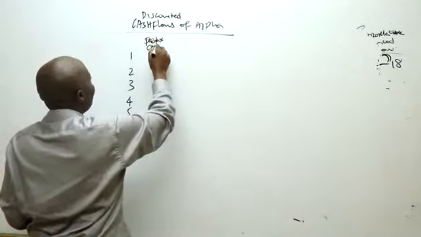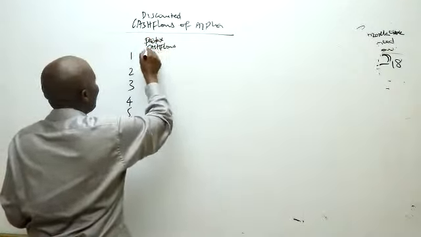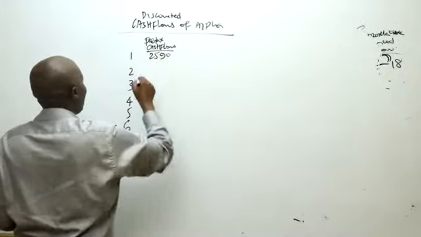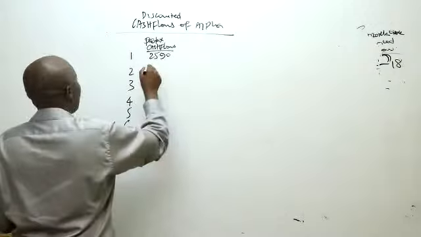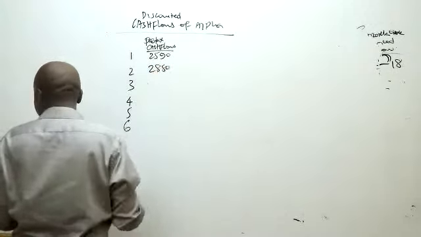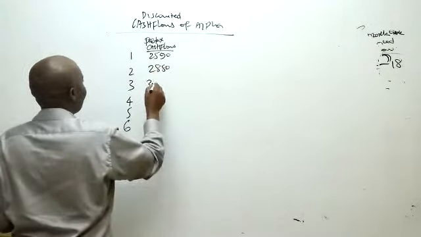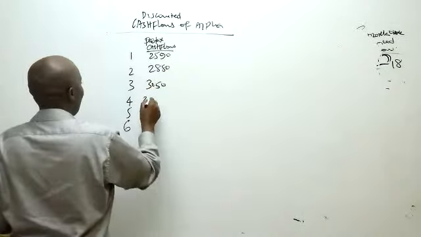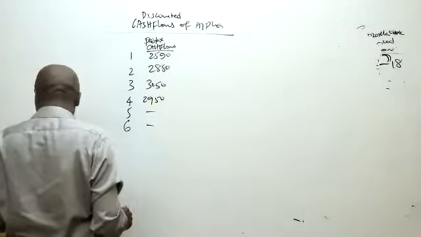What do we have there? The first is 2590. The second one is 2880. The third one is 3050. The fourth one happens to be 2950. And then there's nothing there.